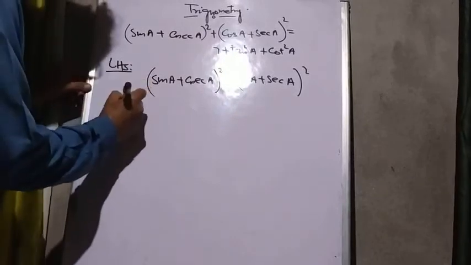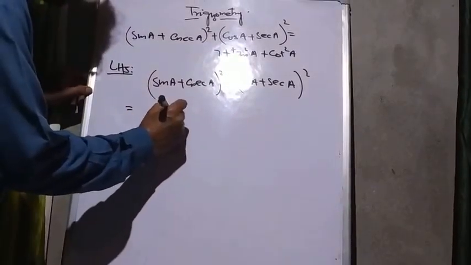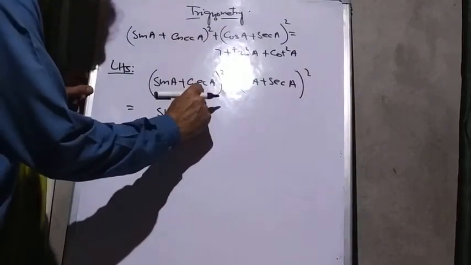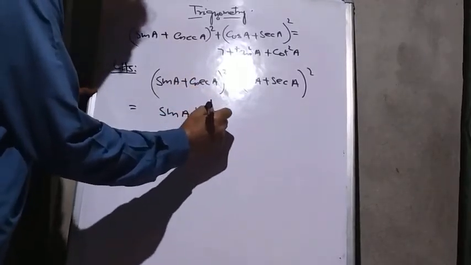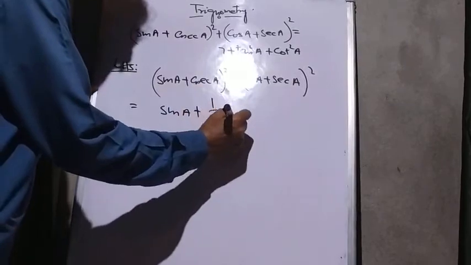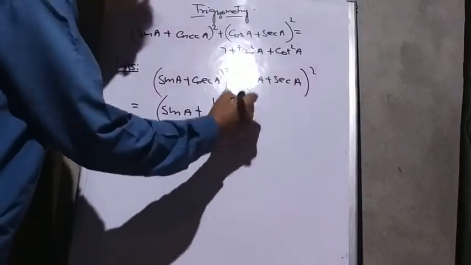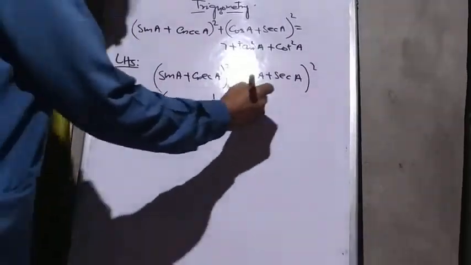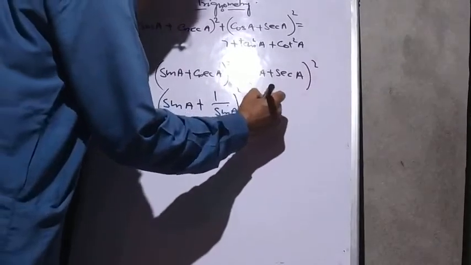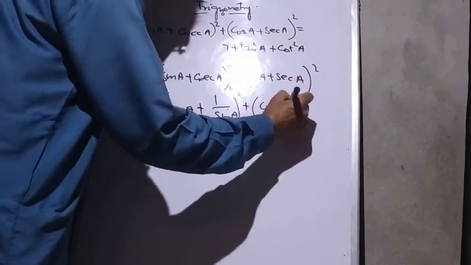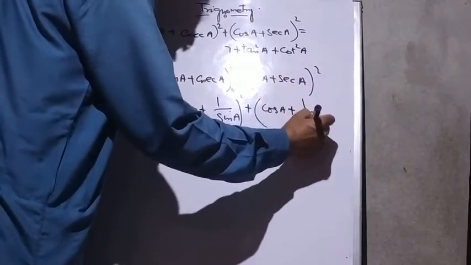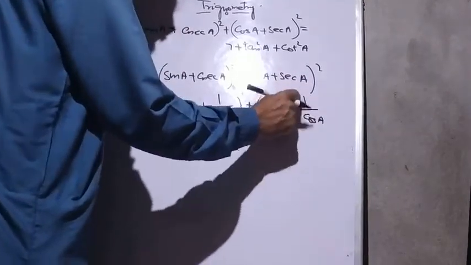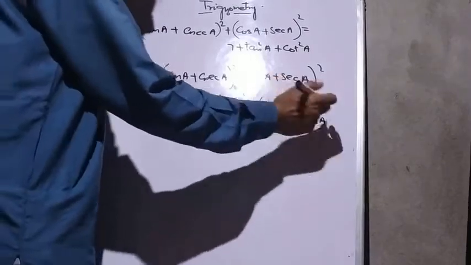So let's proceed further. Sin A plus cosec A, you know cosec is the reciprocal of sin, so instead of cosec we shall write here 1 by sin A, whole square, plus cos A plus sec A, and sec A is the reciprocal of cos A, so we write 1 divided by cos A, whole square.